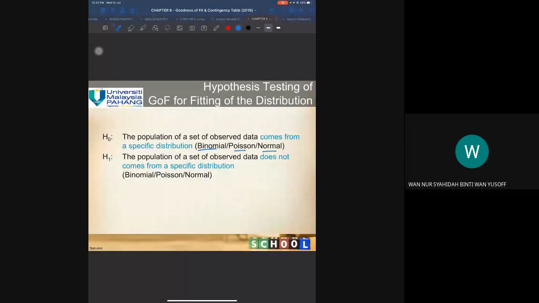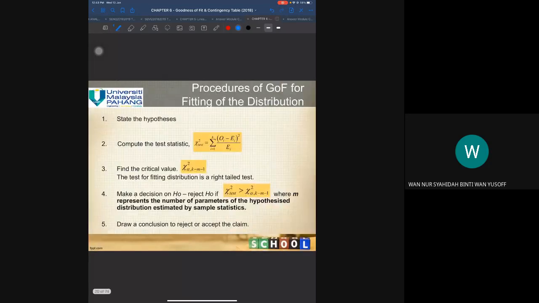We do not decide on our own which distribution we need to fit the data. It will be given in your question, so you just follow the question. So H0 is always that the data follow that distribution. H1 contradicts that: the data does not follow the given distribution. Just a simple hypothesis here.